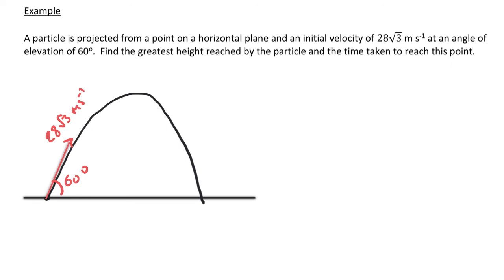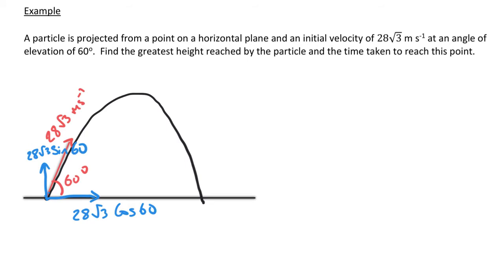Find the greatest height of the particle and then the time taken to reach this point. So we need to look at the components of this velocity. The horizontal component is going to be 28√3 cos 60, and the vertical component is 28√3 sine 60.